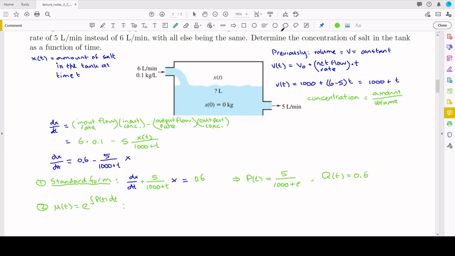And what we get there is that mu of t is e to the power integral of 5 over 1000 plus t dt.